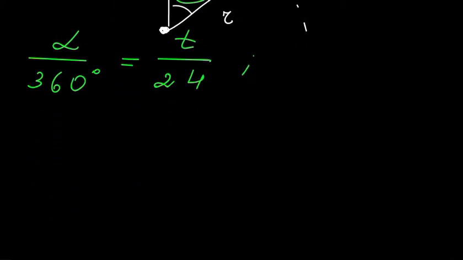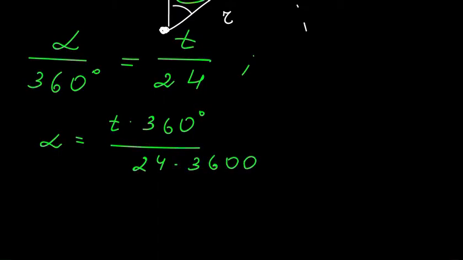We get that our alpha is t multiplied by 360, divided by 24. However, our time is given in seconds, so we want to change these 24 hours into seconds, so we multiply by 3,600, because that is how many seconds are in 1 hour. You get this from multiplying 60 minutes and 60 seconds.